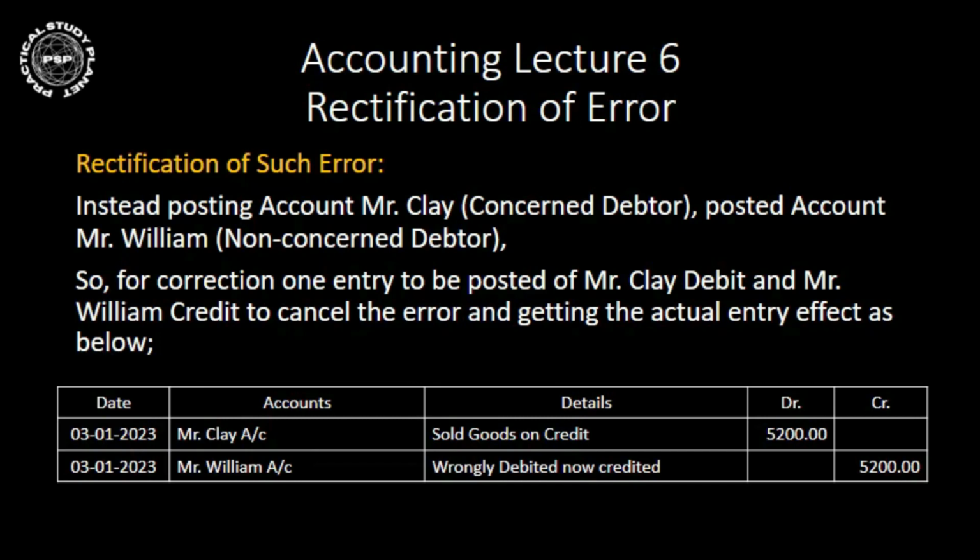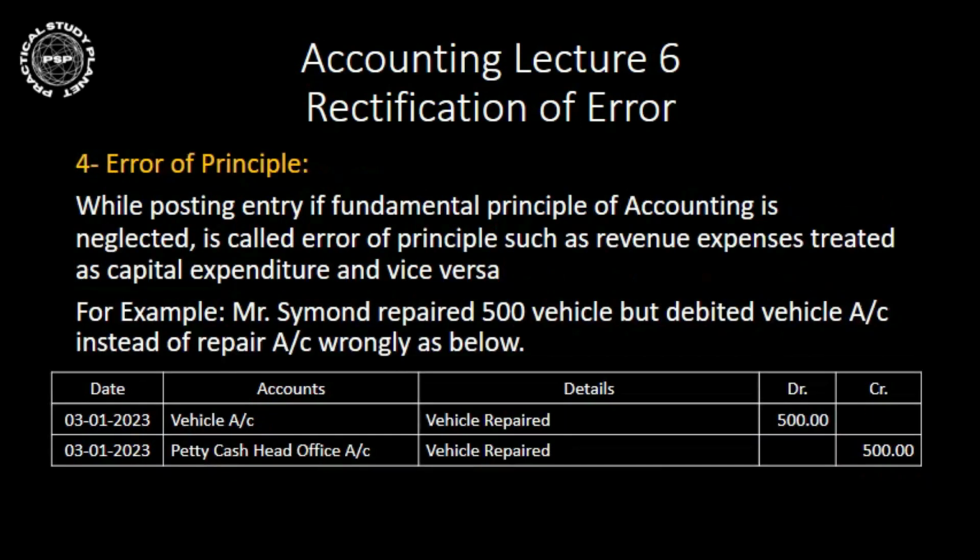Let's see. The rectification of such error: instead of posting to Mr. Clay, the concerned debtor, the account Mr. William, a non-concerned debtor, was posted. So for correction, one entry is to be posted: Mr. Clay debit, so the actual account will be debited. Mr. William is not related to us, so we will credit him in the entry to cancel the error and get the actual entry effects. When debited and now credited, Mr. William's account will be nil.